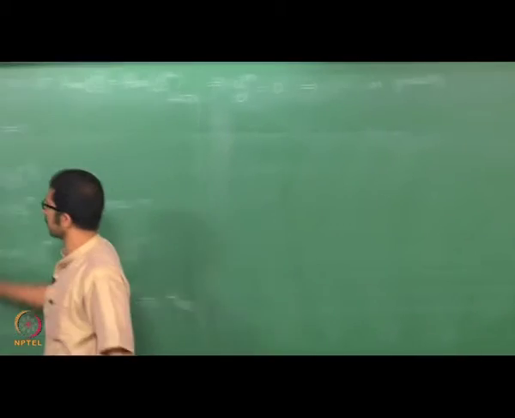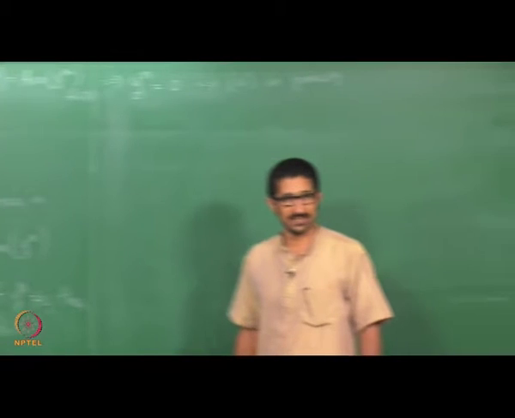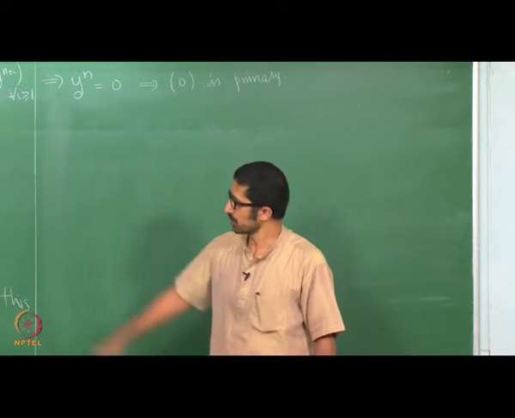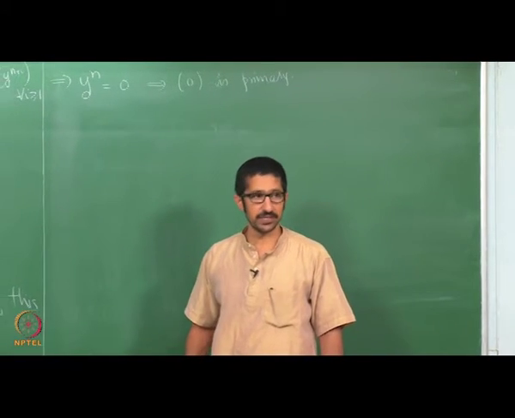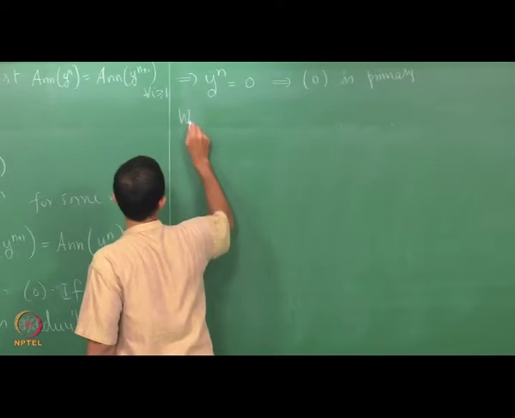So if we include this in our hypothesis that our ring is Noetherian, then what we have proved is every irreducible ideal is primary.